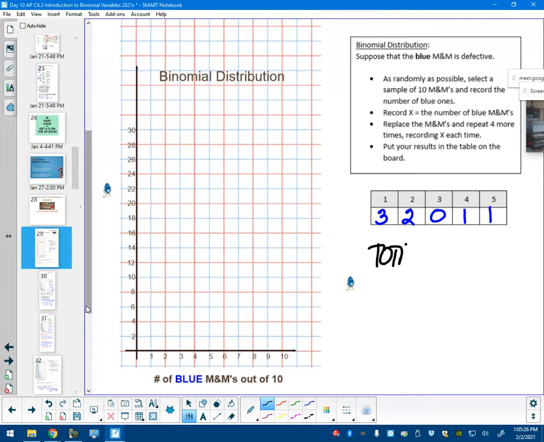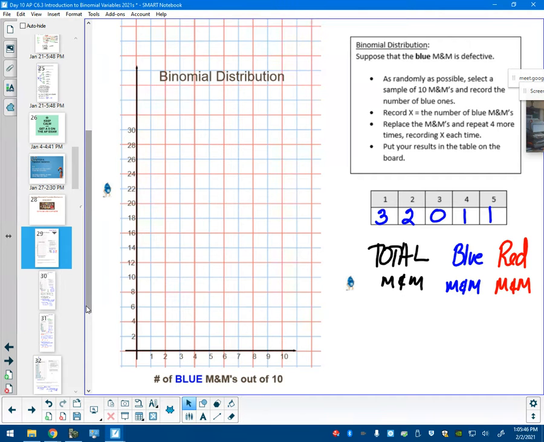So I need to know the total M&Ms, I need to know the blue, and I need to know the red. Make sure you include the blue and the red in the total. I'm just saying that because that was something that a couple people forgot earlier today.